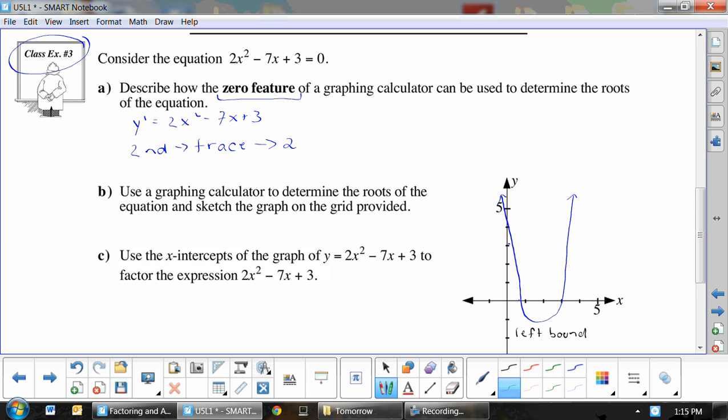That means you want to have your little blinking spider to the left of your intercept, okay? So you put it on the left side and you hit enter once. And then you put it on the right side because it'll say right bound at the bottom. Okay, and then you hit enter again.